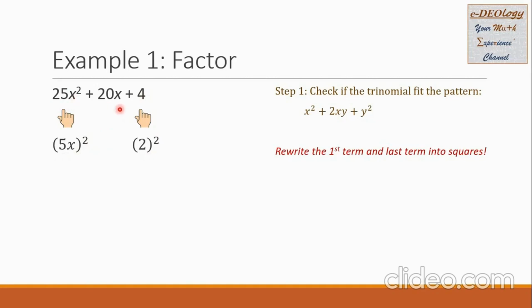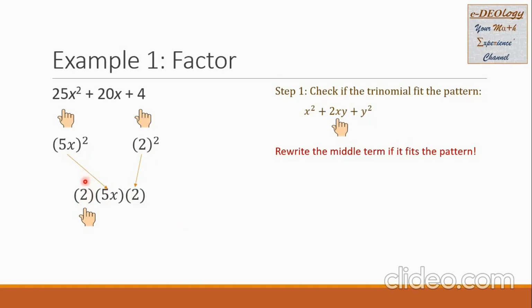For the middle term 20x, first, let us write the 5x in here and the number 2, and these are the bases of the first and the third terms respectively. And then we will multiply by 2. And this number 2 is always constant.